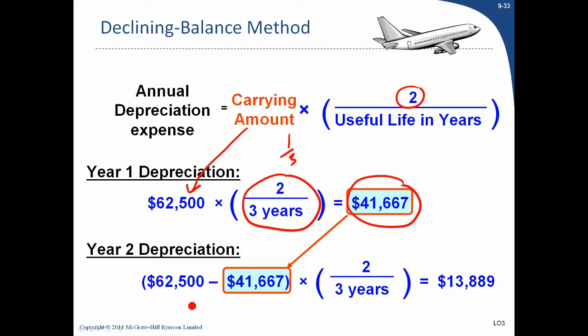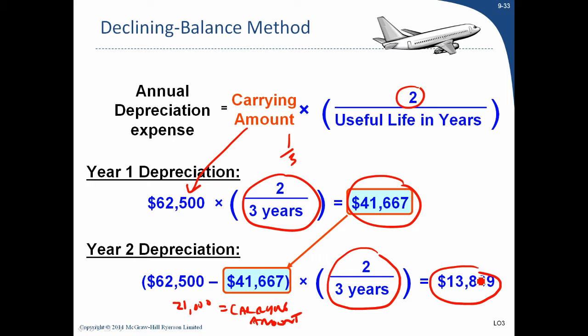That leaves us with about 21 grand to depreciate, the 62.5 minus 41,667. This is the carrying amount. And we apply the same 2/3 factor. Our year 2 depreciation is only 13,889.